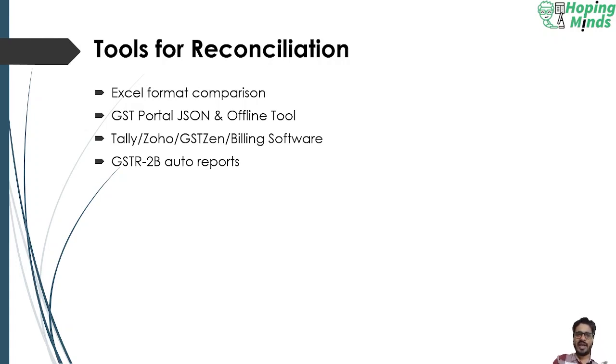Then third-party software like Tally, Zoho, GST Zen or other billing softwares can be used to reconcile the data. Then GSTR 2B auto reports are also available. Such reports should be downloaded from the portal and matched with the books to ascertain the differences, if any, and reconcile the data.